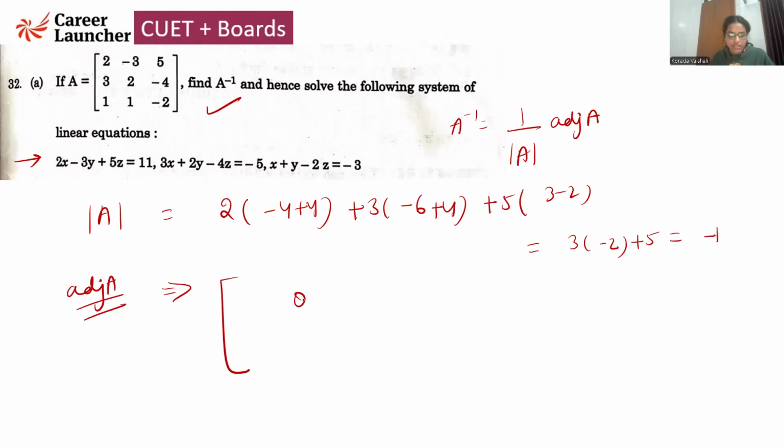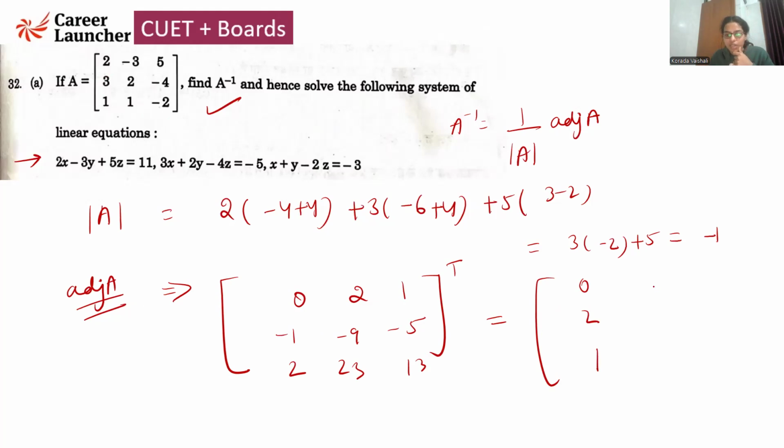It is coming as 0, 2, 1 and minus 1, minus 9, minus 5, 2, 23 and 13, with the transpose. This is after considering the cofactors and solving it down. And this is the final one in terms of transpose. After taking the transpose, I'm getting 0, 2, 1, minus 1, minus 9, minus 5, 2, 23 and 13. So this is the adjoint matrix that I'm getting.